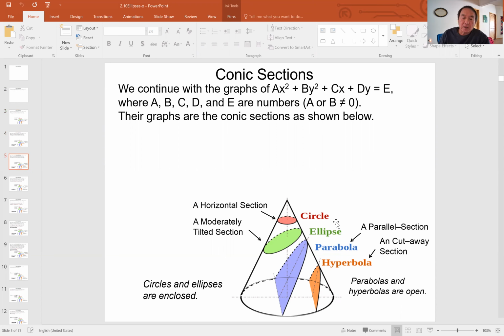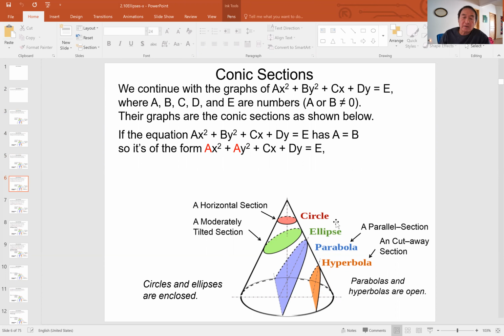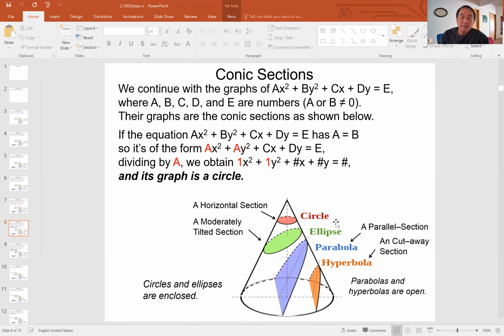Now, the equation of a circle can be simplified into the following forms. In the equation of circles, the coefficients in front of the square terms are the same, so I can change both of them into one by dividing through. If I have equations in this form, then we get a circle.